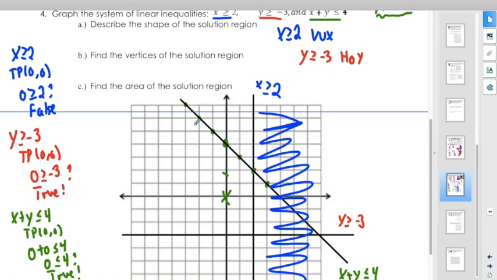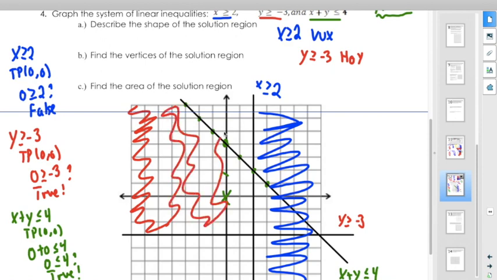And that's true, so that's this line here. Since it's true, I'm going to shade towards my test point. So it's going to be everything above y is greater than or equal to negative 3. Okay, all this stuff.